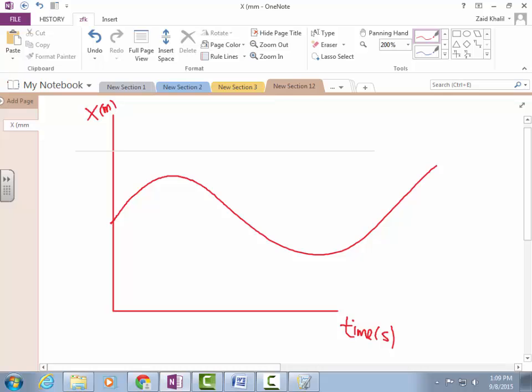So, for starters, I'm going to take this time and call it t. And I'm going to take some later time and call it t plus delta t. So in other words, the span of time between t and t plus delta t is delta t.